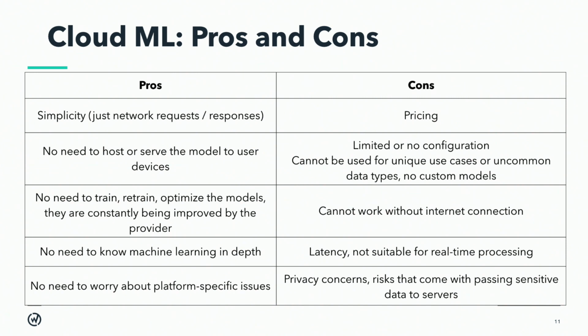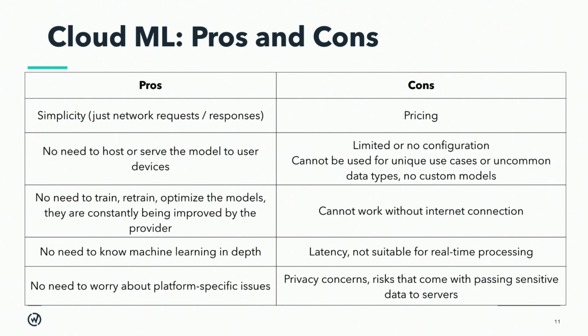But of course, there are also some cons, and one of them is pricing, because cloud machine learning services probably want you to pay per the amount of requests, and they can get expensive really fast. Also, for people who want to create their custom models or who have specific unique use cases, there could be some limitations in how you're able to configure machine learning in the cloud. And obviously, it cannot work without an internet connection.